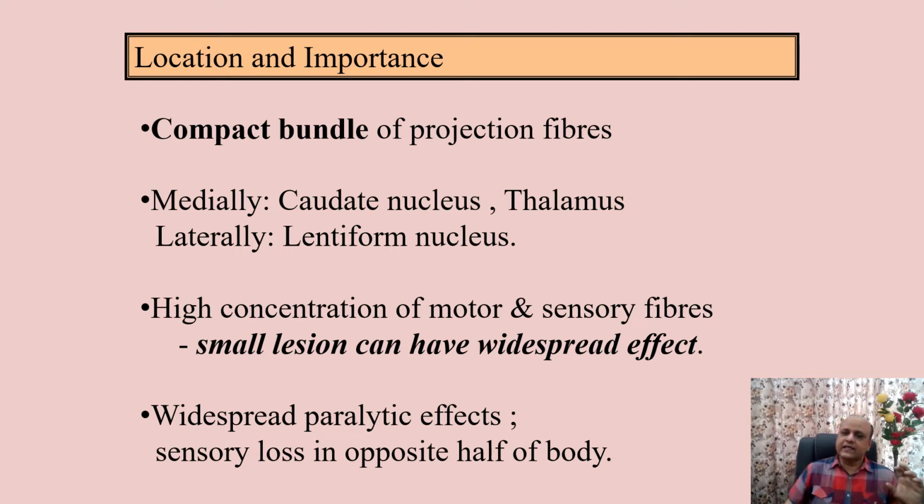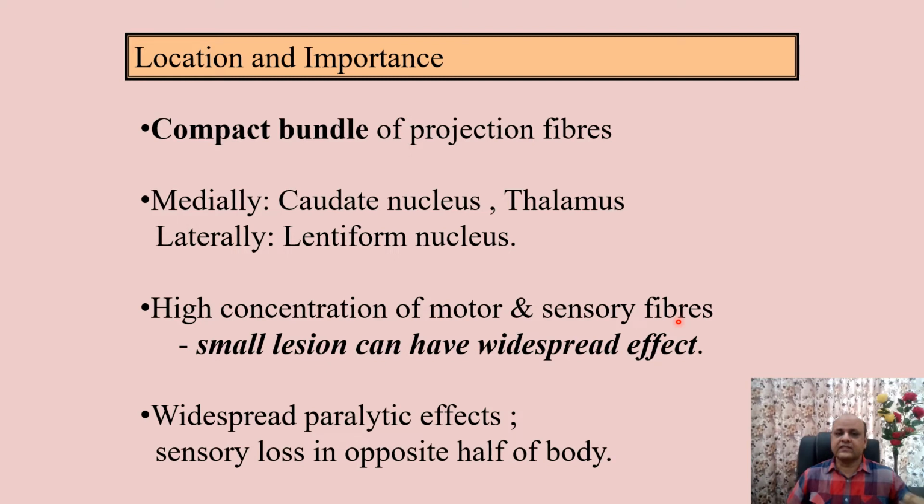Now when I say the internal capsule is a compact bundle, this means that it has a high concentration of motor and sensory fibers. This point is very important. Why? Because this implies that a small lesion here can have a widespread effect.